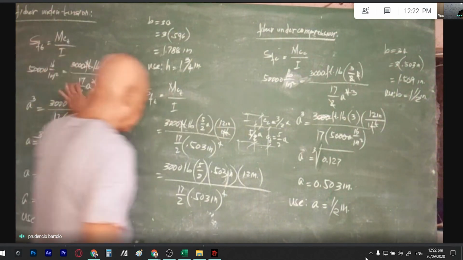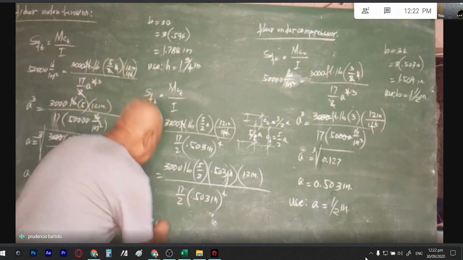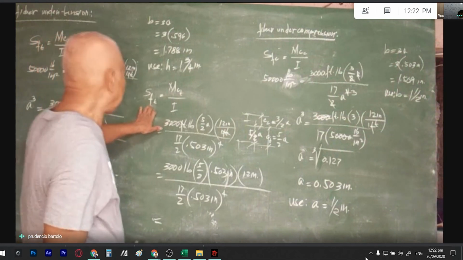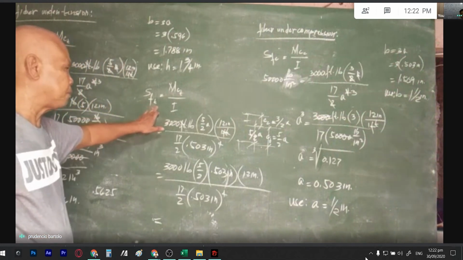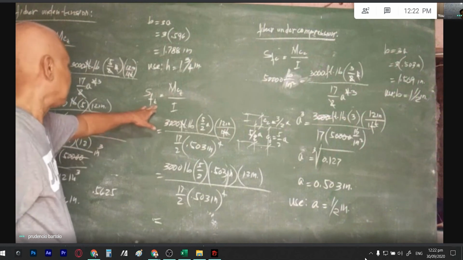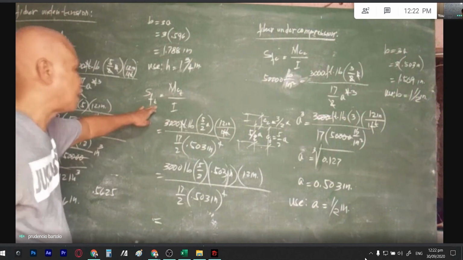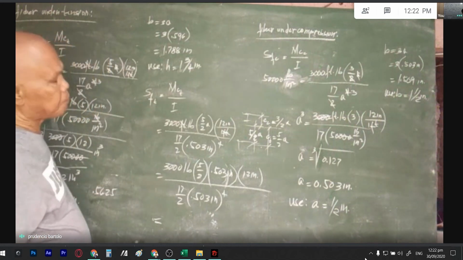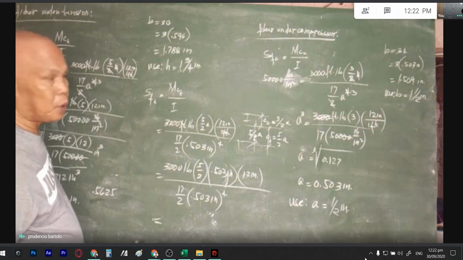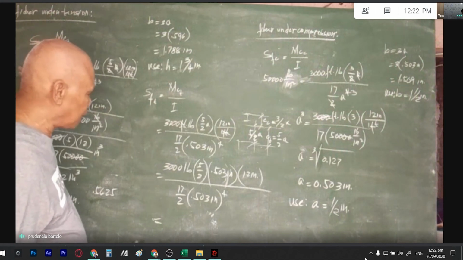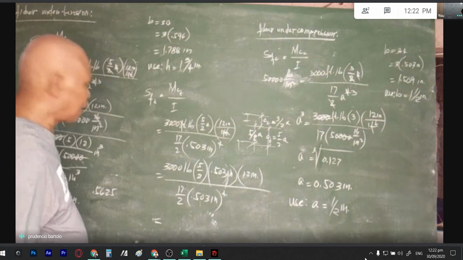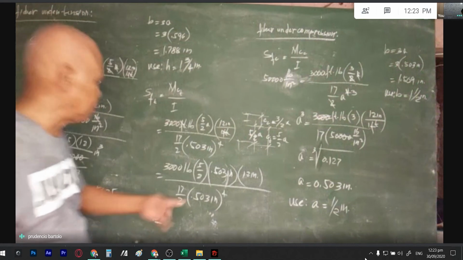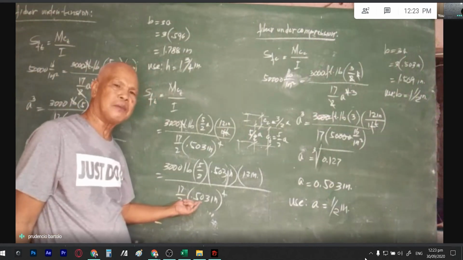Yes. So we take now the flexural stress in terms of tension, which must be equal to 50,000. If we are not able to take a value of 50,000, there is a failure on that dimension we use, which is 0.503.